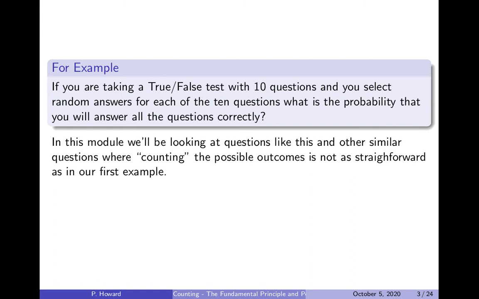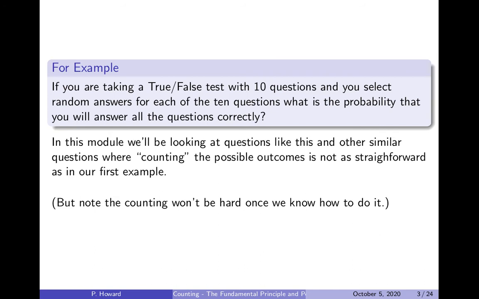And we'll be looking at other questions like this, where counting the possible outcomes is not quite as straightforward as in the first example that we just looked at. But one thing to keep in mind, the counting won't be difficult once we know how to do it.